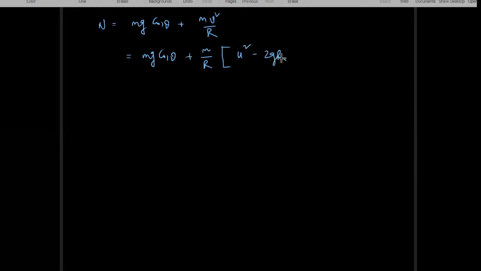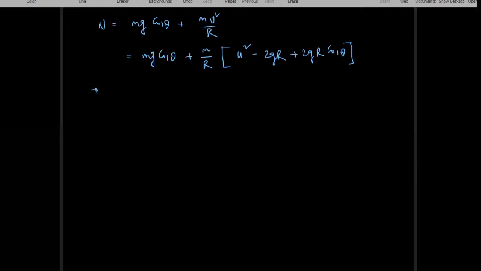Now we will go for the normal reaction. For the normal reaction, I have already written the equation that N is equal to mg cos theta plus mv square by r. So let us substitute the value of v square. v square means u square minus 2gr plus 2gr cos theta.